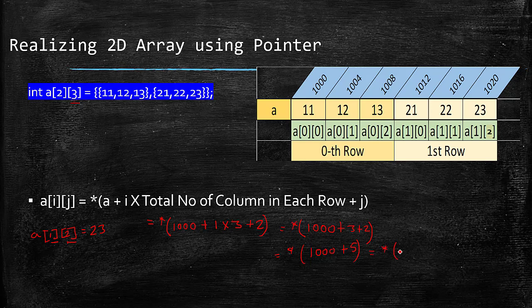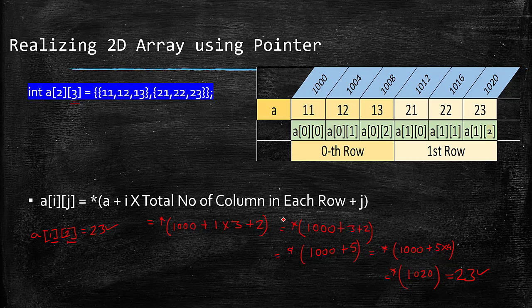So we finally get 1000 plus 5 into 4, that is 1020, and the asterisk of this will give me 23, which we are expecting. So you can see that we are able to get the same value using this notation also.